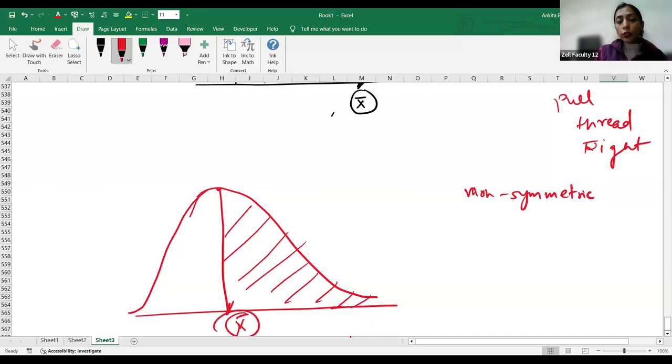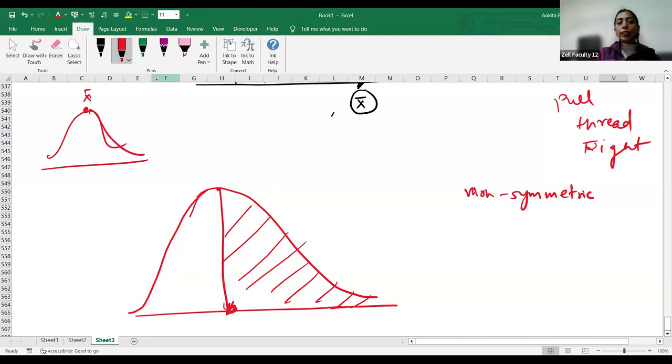The mean which was lying at this point would have gone somewhere else. This peak point in the normal distribution was my X bar. Now if I pull the thread, this point would have gone here, so my X bar would be somewhere here.